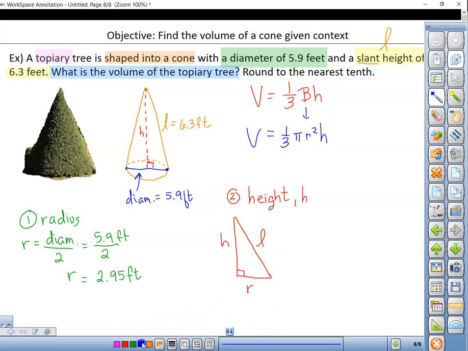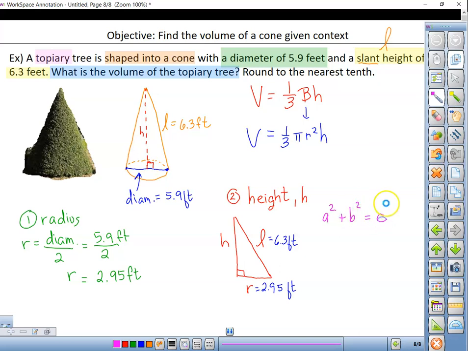So I know now I was given the slant height, which is 6.3 feet, and I've calculated my radius, which is 2.95 feet. So now I can apply my Pythagorean theorem to my right triangle. So I have a squared plus b squared equals c squared.